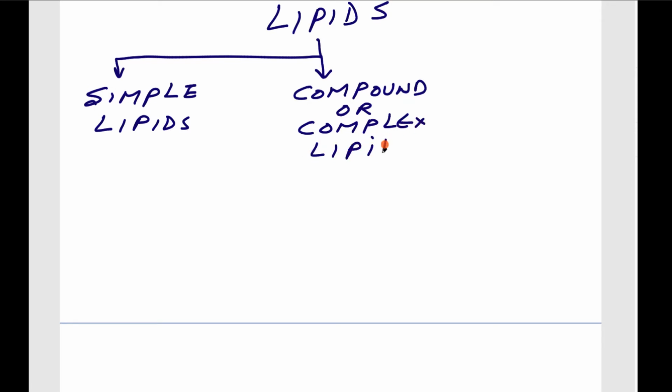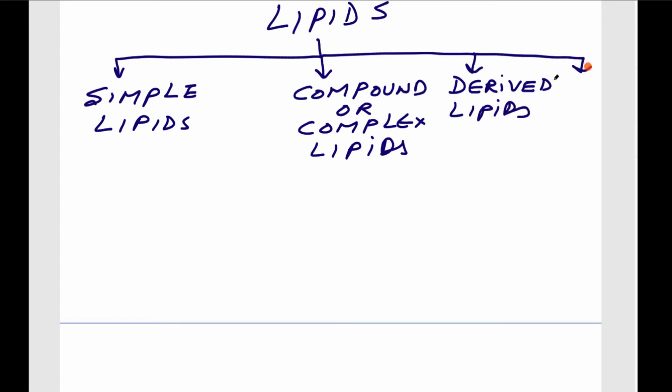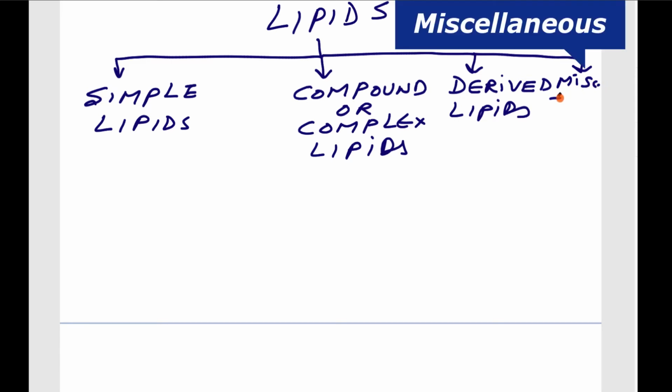The third one is derived lipids. The fourth one is the miscellaneous group. Simple lipids, compound or complex lipids, derived lipids, and miscellaneous.